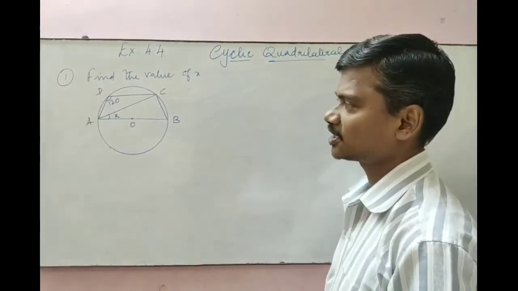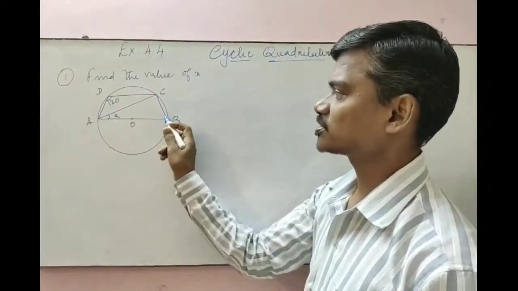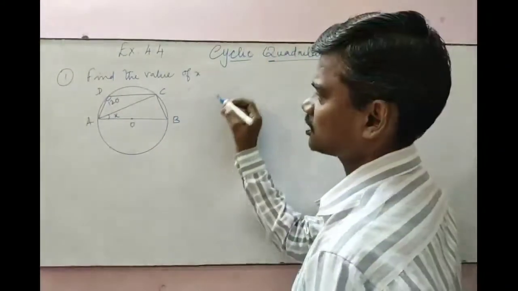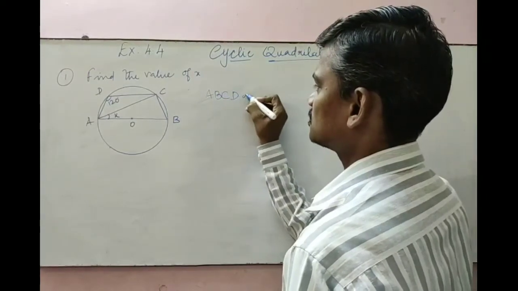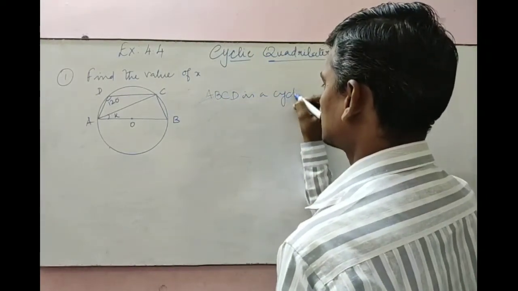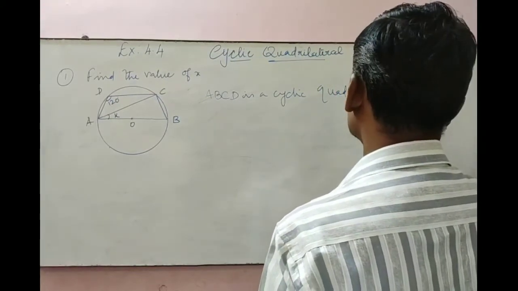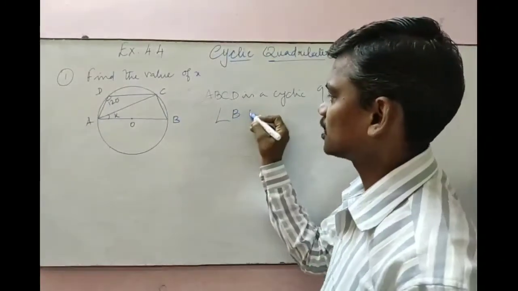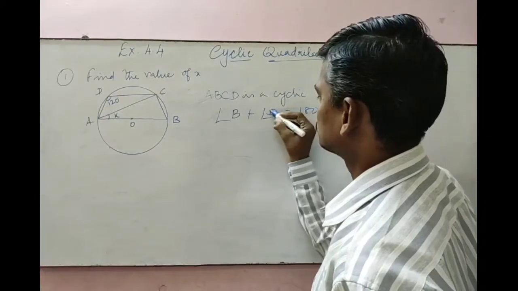In a cyclic quadrilateral ABCD, we know that the sum of the opposite angles is 180 degree. So first I am going to use that concept. Here ABCD is a cyclic quadrilateral. So first I am going to use this, angle B plus angle D equal to 180 degree.